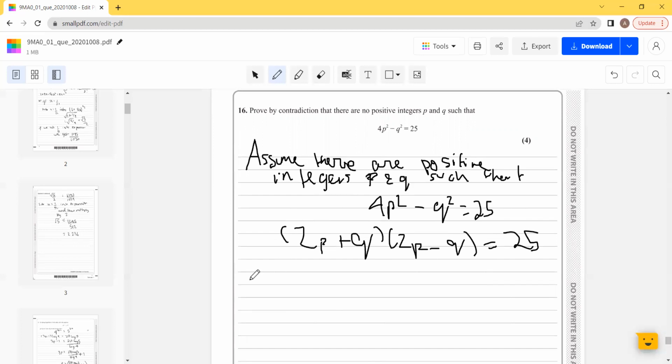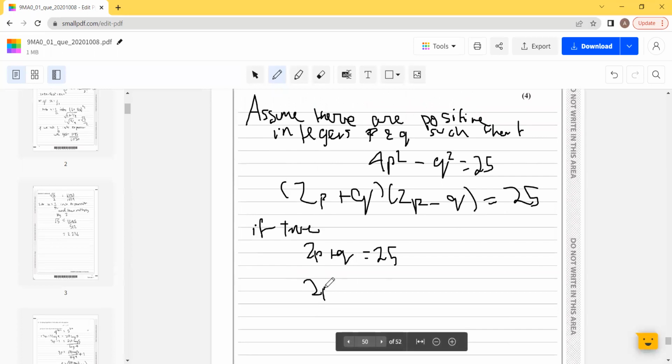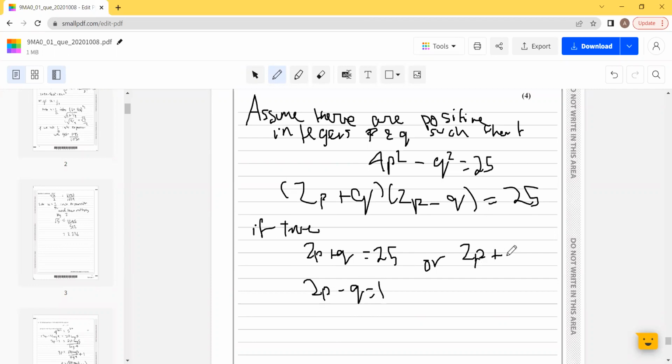So if this is true, then either 2p plus q equals 25 and 2p minus q is equal to 1, or both of them are equal to 5: 2p plus q is equal to 5 and 2p minus q is equal to 5.